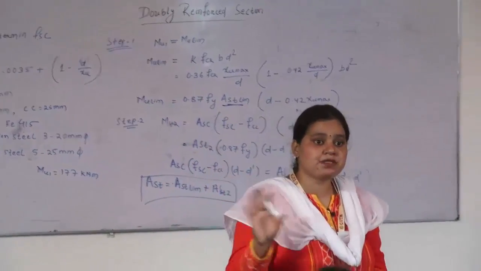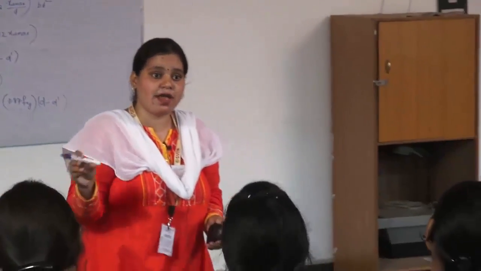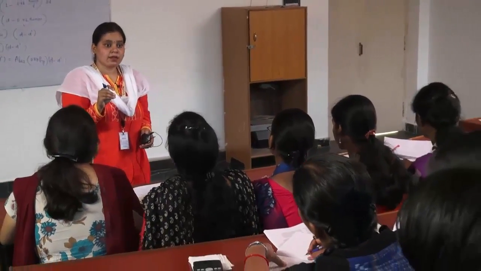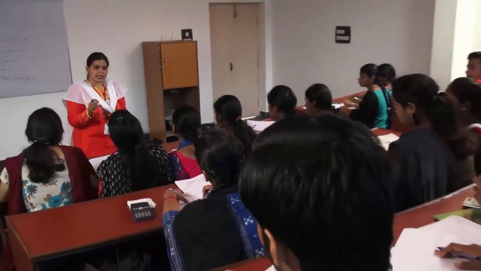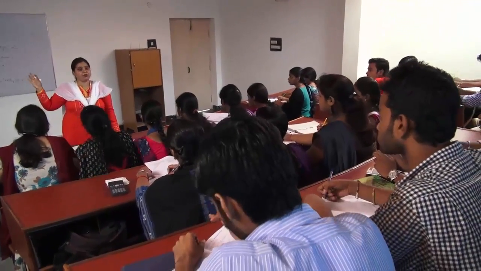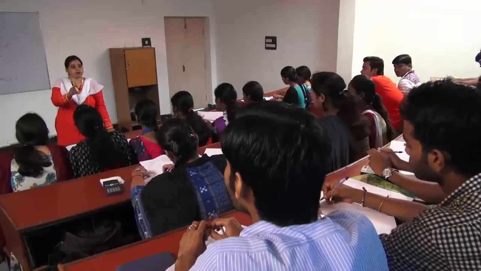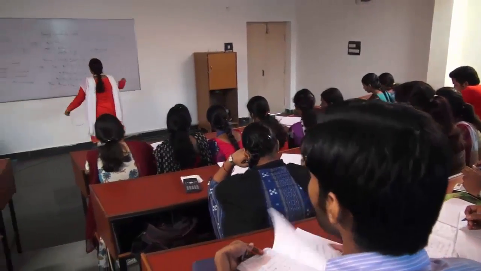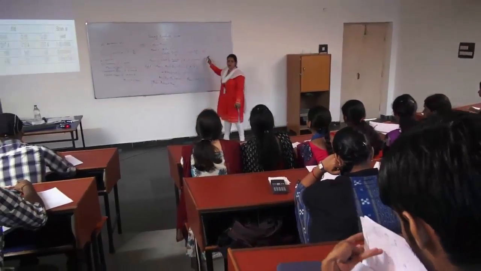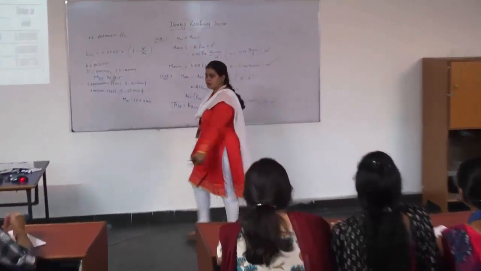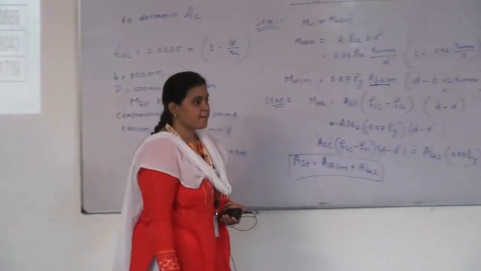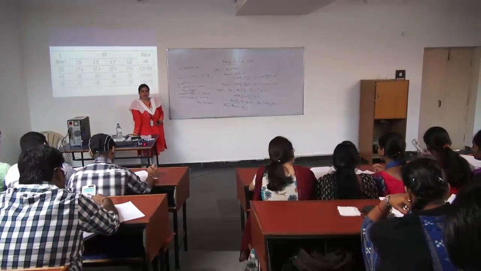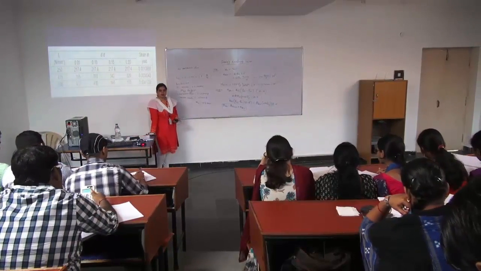This is different from the percentage of steel, that is different. That's why please listen to what I am going to teach. AST limit is AST1. By using this formula you are going to calculate. Tell me, AST limit how much?